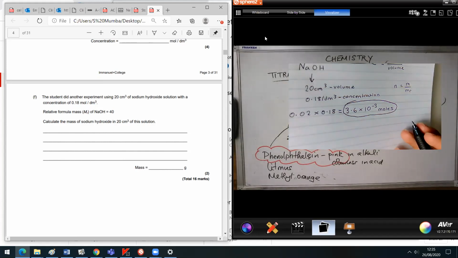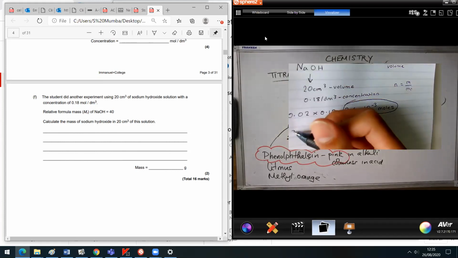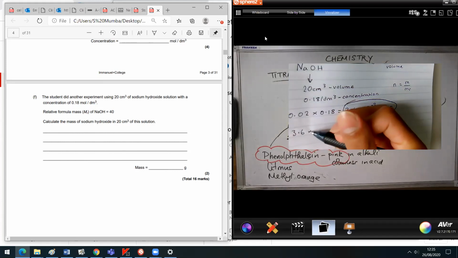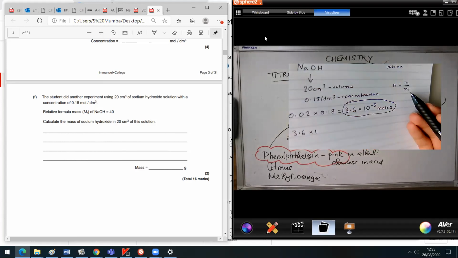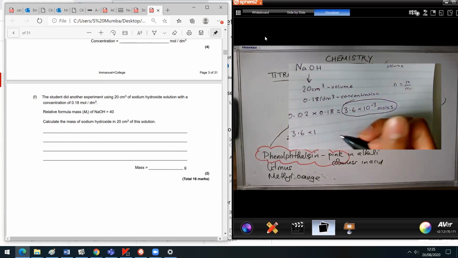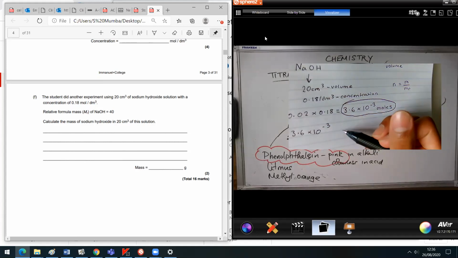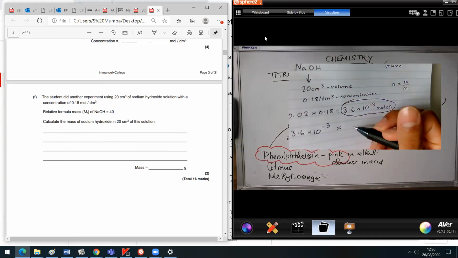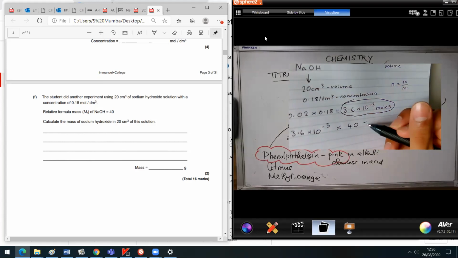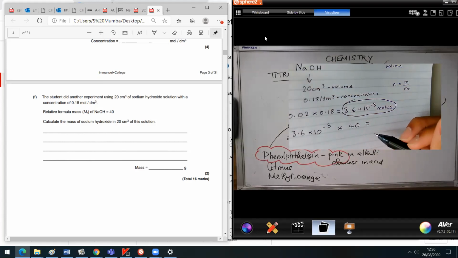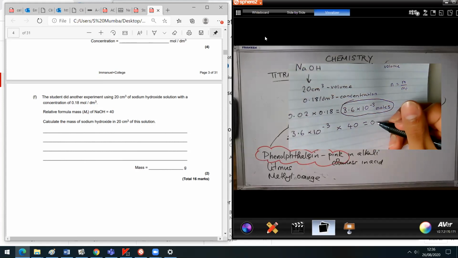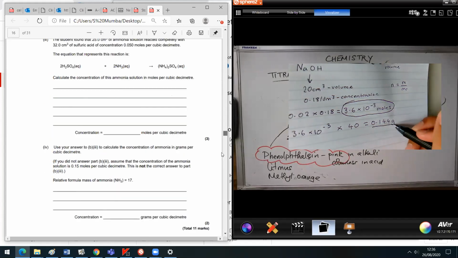Well done. The relative formula mass is 40. So 3.6 times, oh wait, hang on, I've got to rearrange it. So you're doing the moles times the relative formula mass, times 40, equals 0.144 grams.